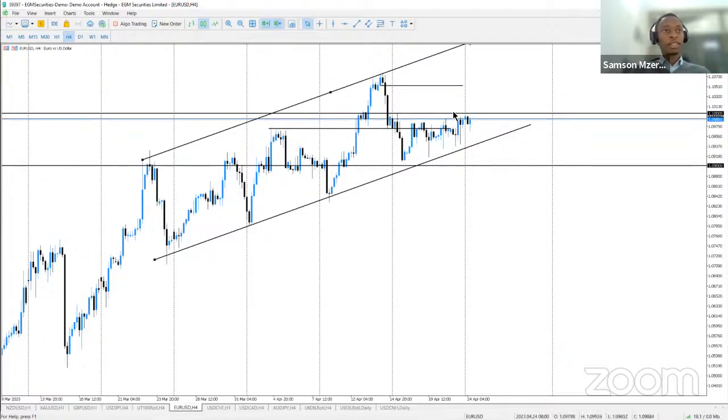But if the technicals are right, then the bullish target will be either this sell zone or way up here, the upside of this channel. For a bearish case, we'll need to see a break from this channel so that we can head lower like that. So that's the bearish scenario.